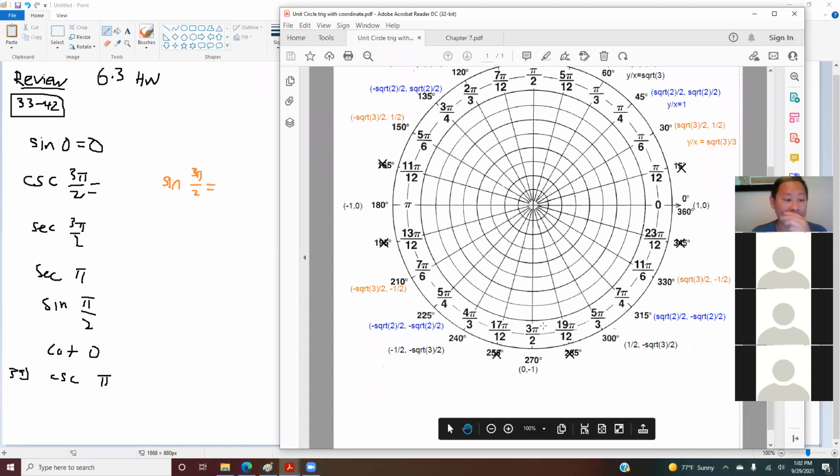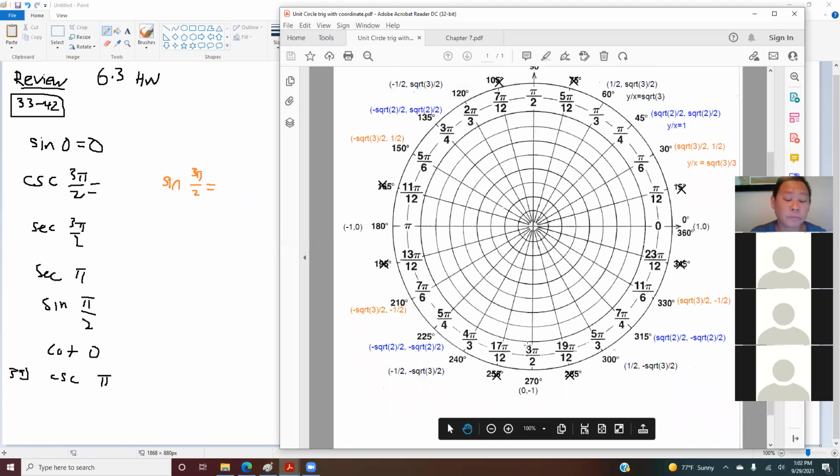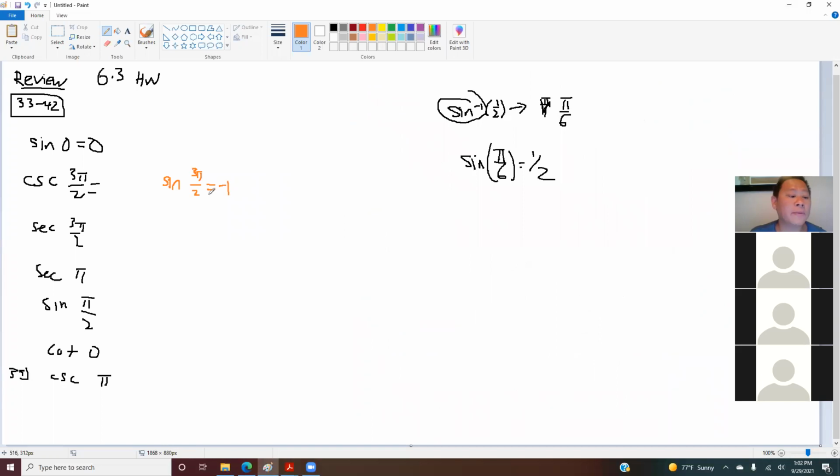Can someone tell me what sine is in this case? -1. So if you know this is -1, in order for you to find the cosecant, you just need to flip it. So what is the flip of this fellow? -1. It's still -1 if you flip it. So that's how you figure this part.